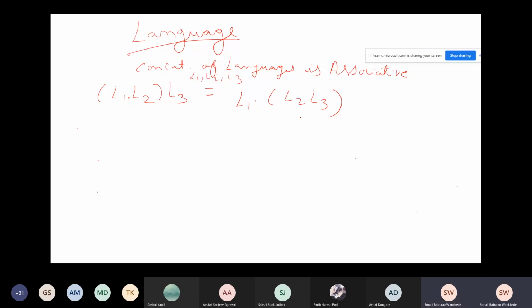Now the next point, write it down. The first point was that the concatenation of languages is associative.